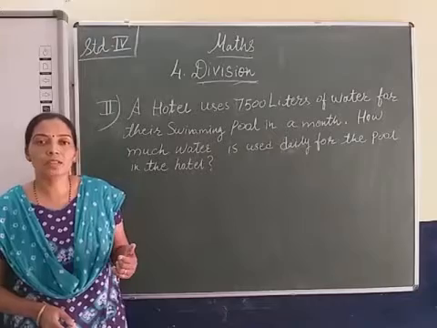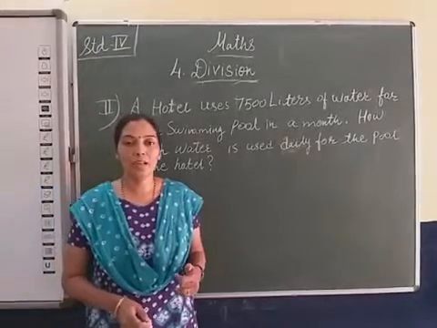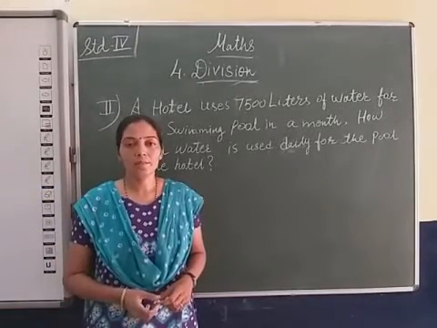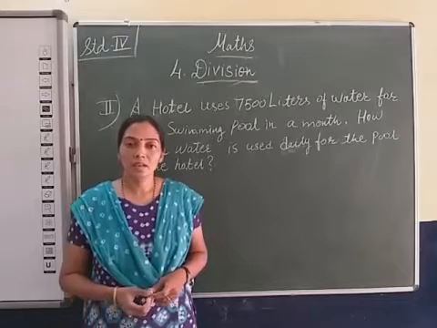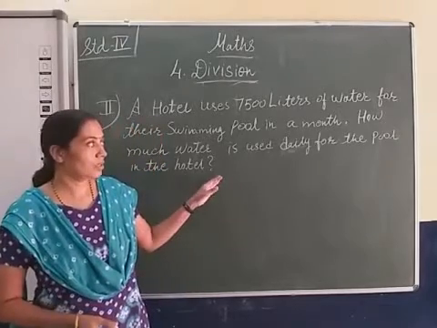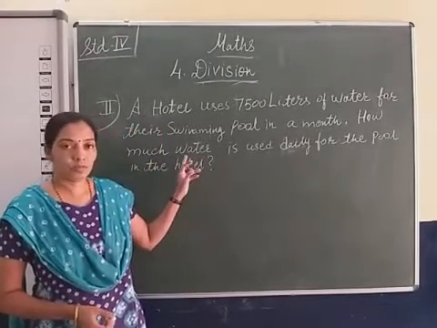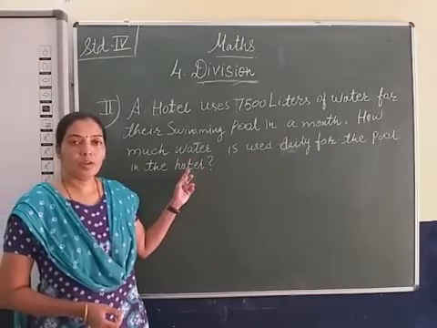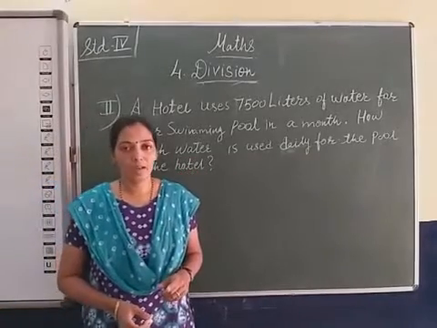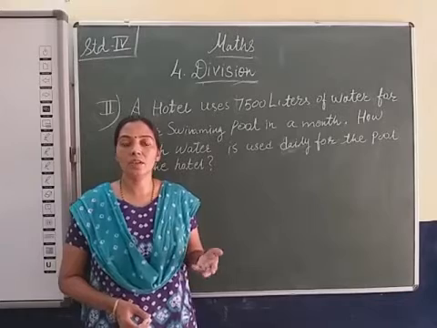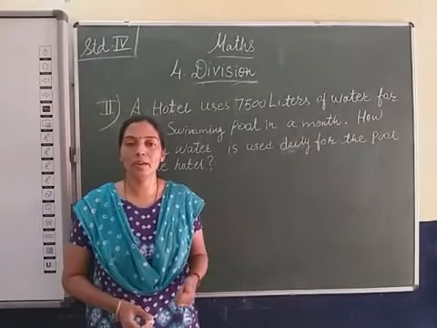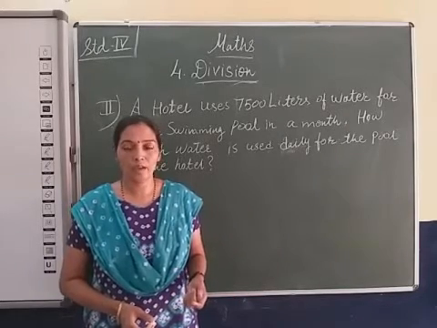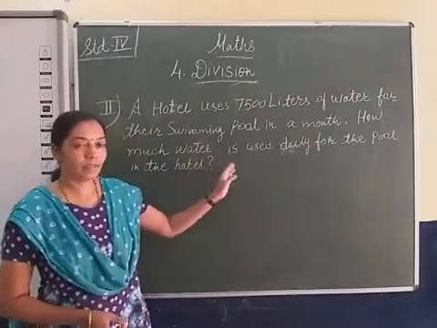A month has how many days? 30. Yes, so we divide by 30. So we get the water amount for 1 day. How many liters of water do they use for 1 day? That we find out when we divide by 30.